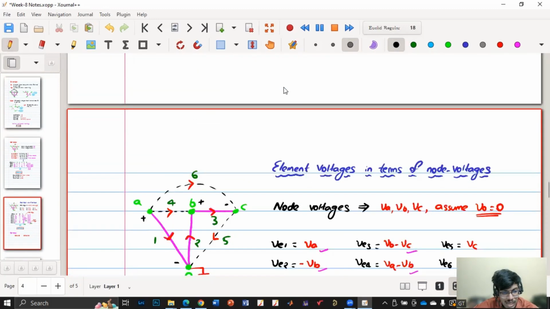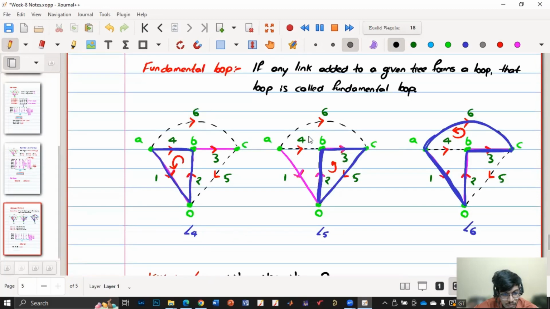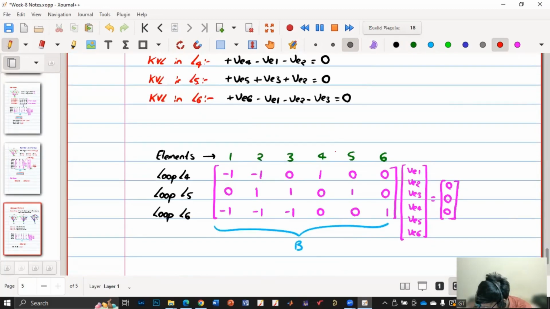If you closely identify here, in this matrix we have a unity matrix also, this part.